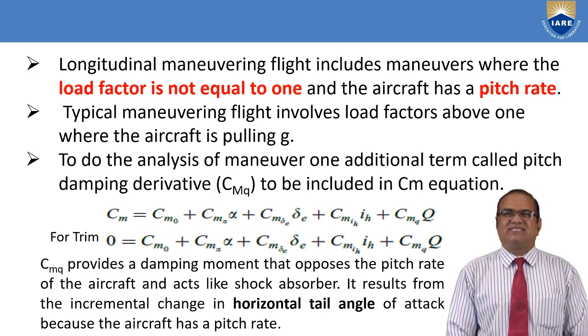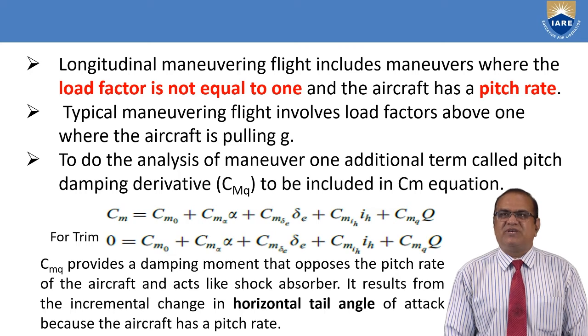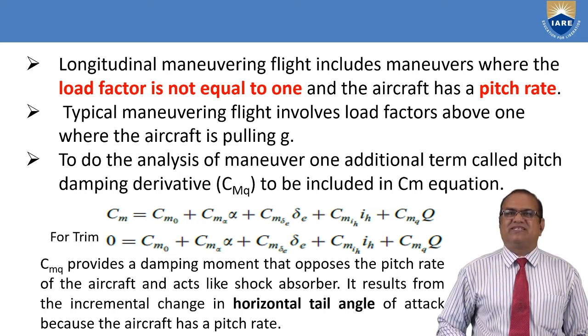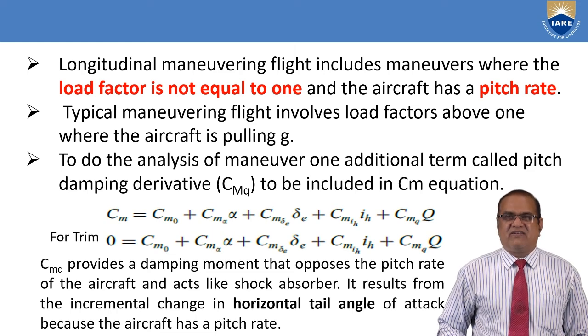To do the analysis of the maneuvering, one additional term called the pitch damping derivative has to be included in the CM equation. So these CM equations are given here.